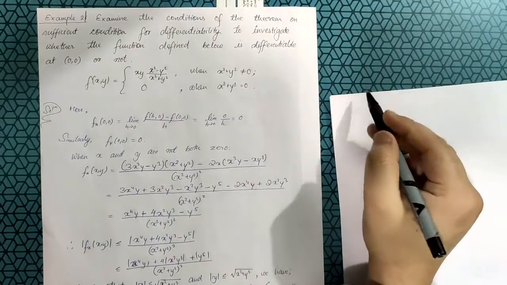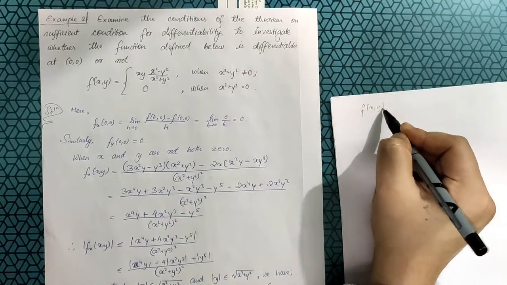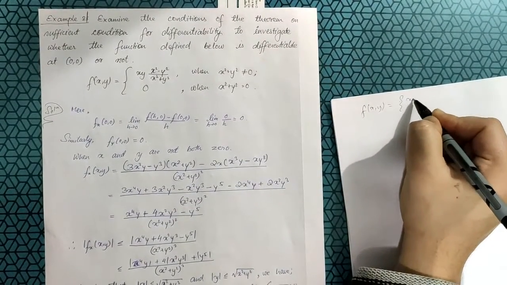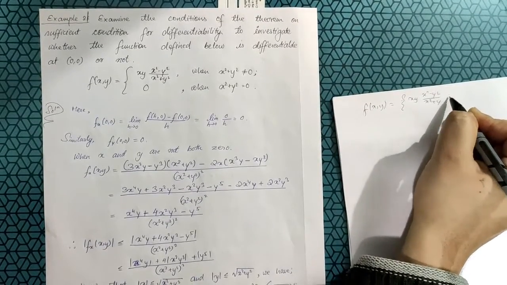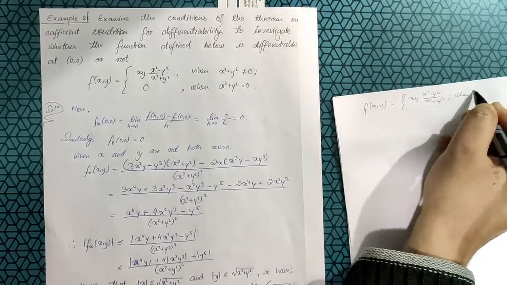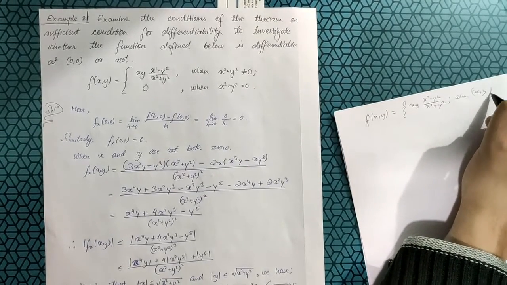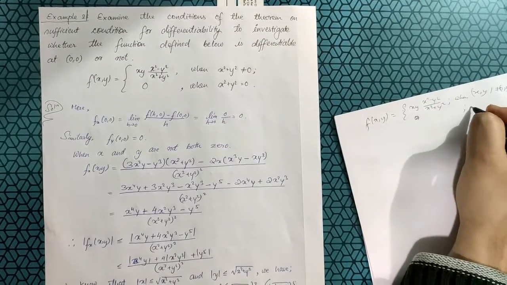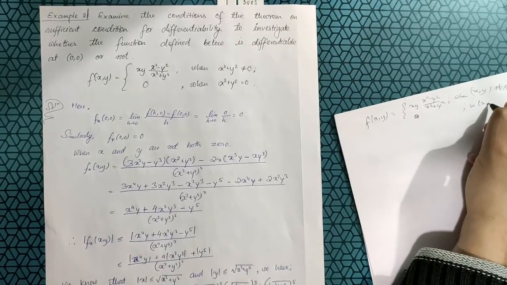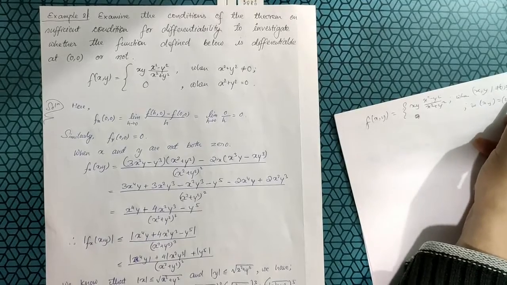Here the function is f(x, y) = xy(x² - y²)/(x² + y²) when (x, y) is not equal to (0, 0), and 0 when (x, y) equals (0, 0).